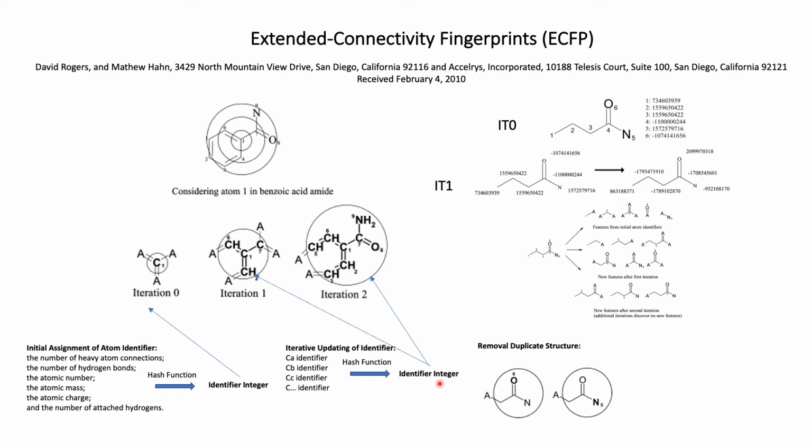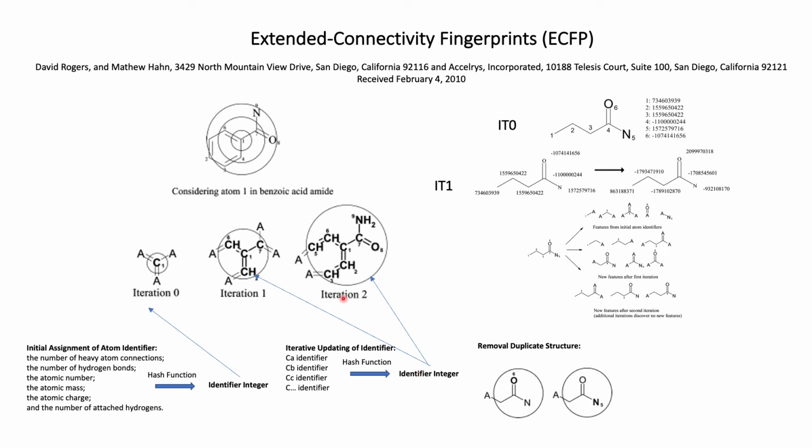And also a single integer called an identifier will be generated for this area to represent the features within this circle. And this is done by hashing all identifiers within this area. So in this case, it's going to be hashing the identifiers of carbon 1, 6, 7, 2 to a single integer.